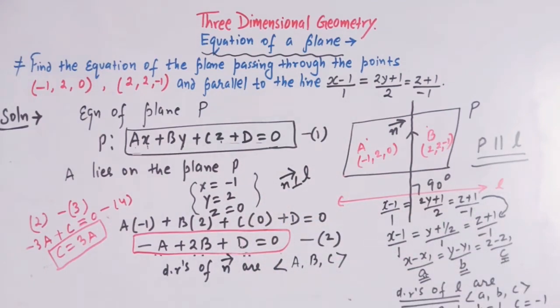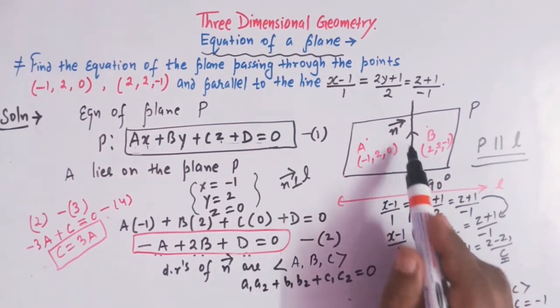And we know that from vector algebra that when two vectors are perpendicular, then we have the condition a1 a2 plus b1 b2 plus c1 c2 is equal to 0, right?